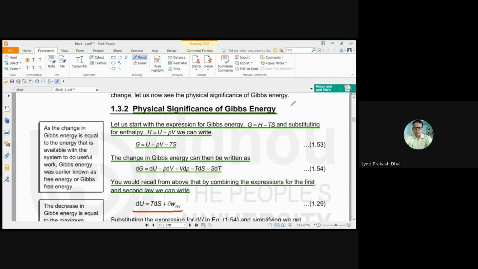Now coming to the physical significance of Gibbs energy, because we have studied that Gibbs energy G equals H minus TS, and we also know that H equals U plus PV. Now substituting the value of enthalpy in this equation, we can write G equals U plus PV minus TS.